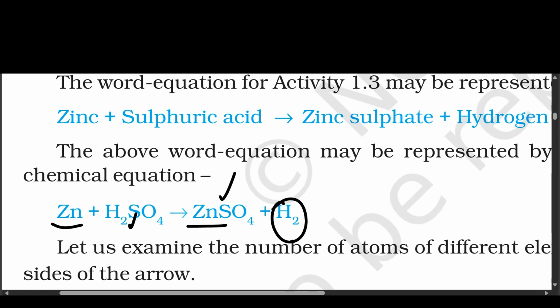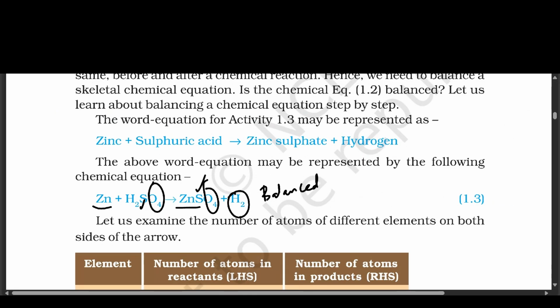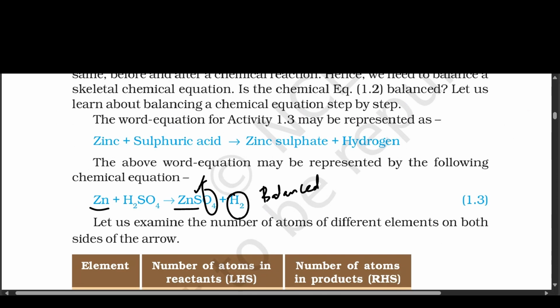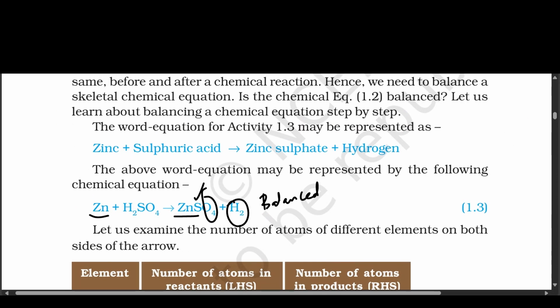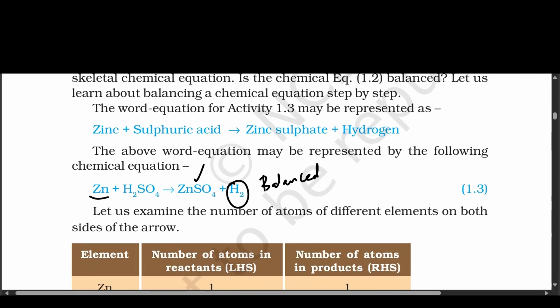Here also sulfur is 1. Oxygen, in total, you have 4. Here also we have 4. So, this equation is already balanced, right? Because the number of atoms of reactants and products are the same. So it's already balanced.